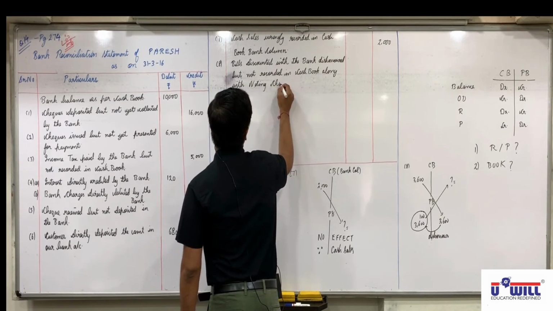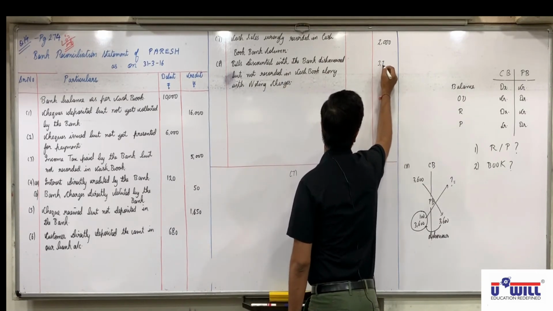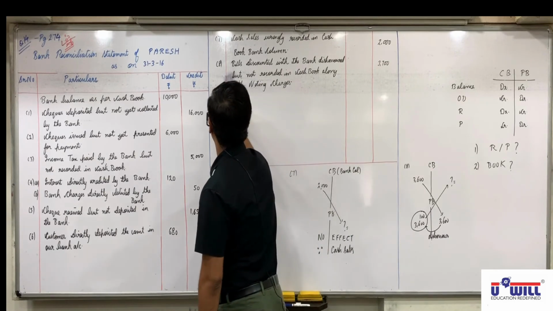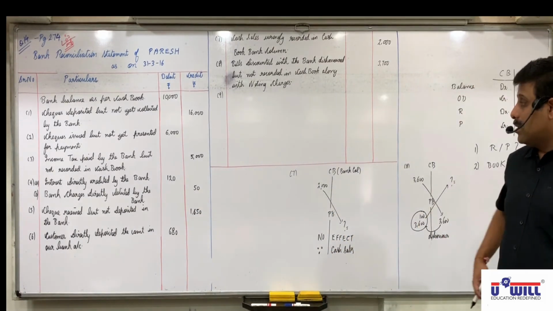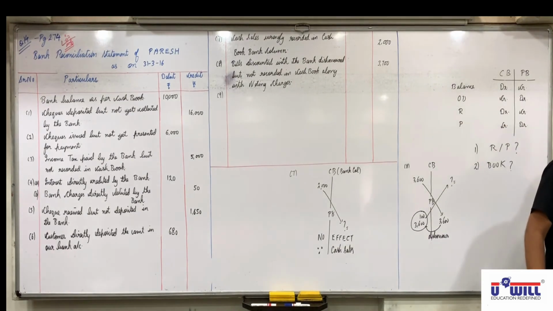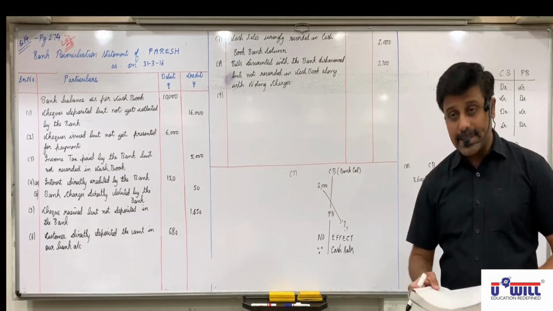Okay, along with noting charges, so 3,700 is debited in passbook but not credited in cash book, so credited DRS. Anyone who is not clear with this one, raise your hand. All are clear with this?